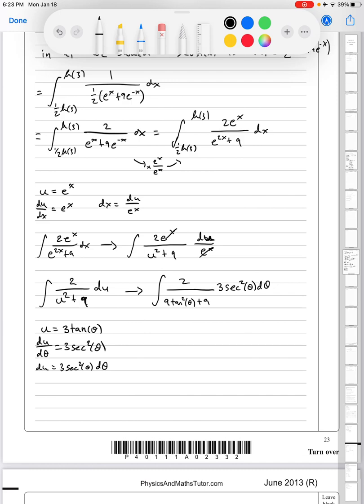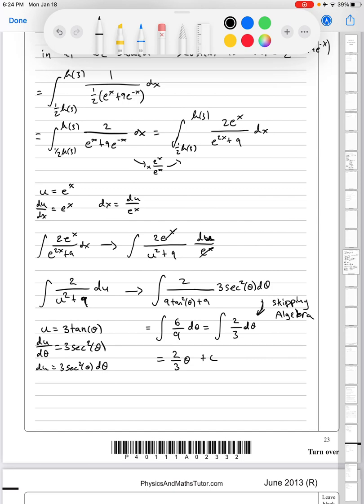On the top, I get 6 secant squared. So this is just the integral of 6 over 9 d theta, or integral of 2/3 d theta. So do the algebra here. I'm skipping algebra. You can do the algebra. I'm confident that you can do that algebra. Okay, and so of course the integral of 2/3, that's very easy. So it's 2/3 theta. So we have 2/3 theta plus c, technically.